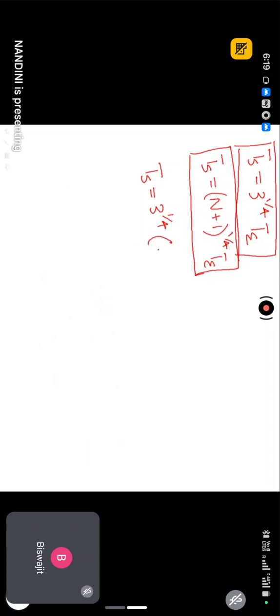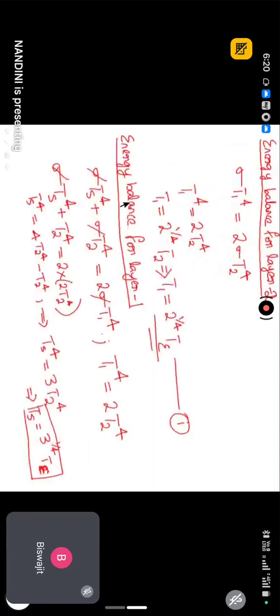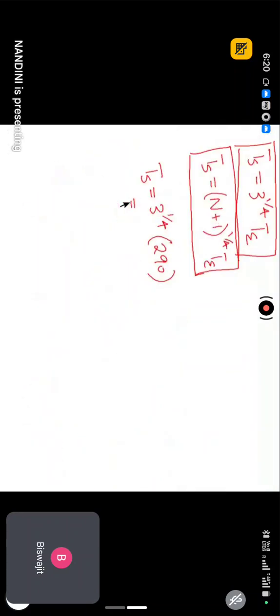T epsilon is having a value of 280 Kelvin. So what will be the value? Yeah, the answer is 368 Kelvin.